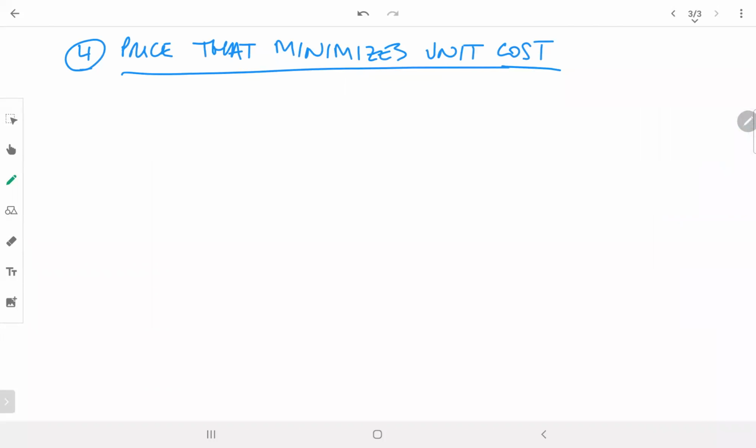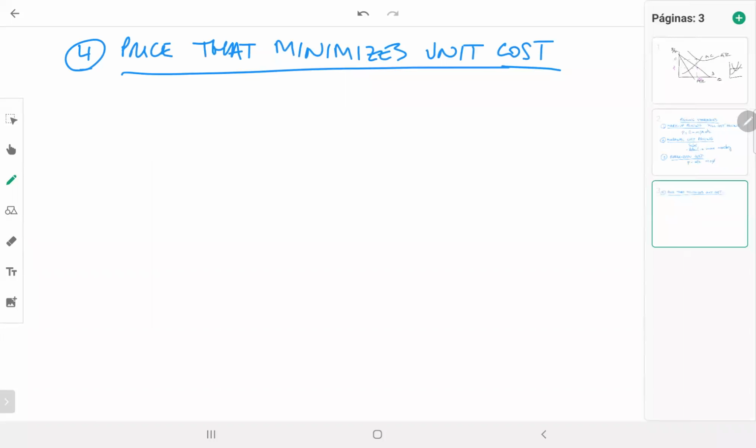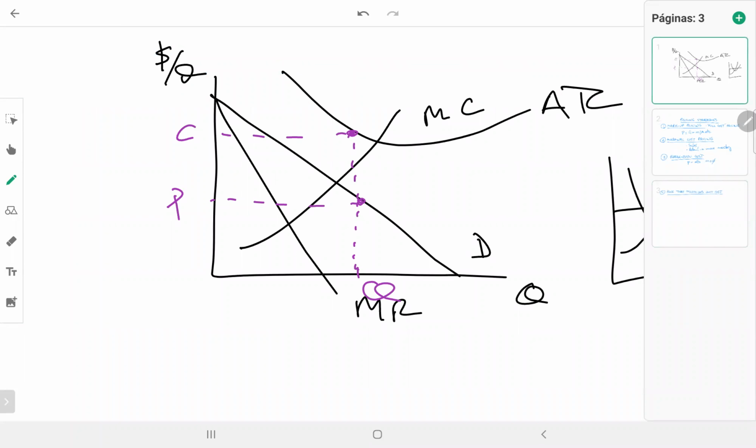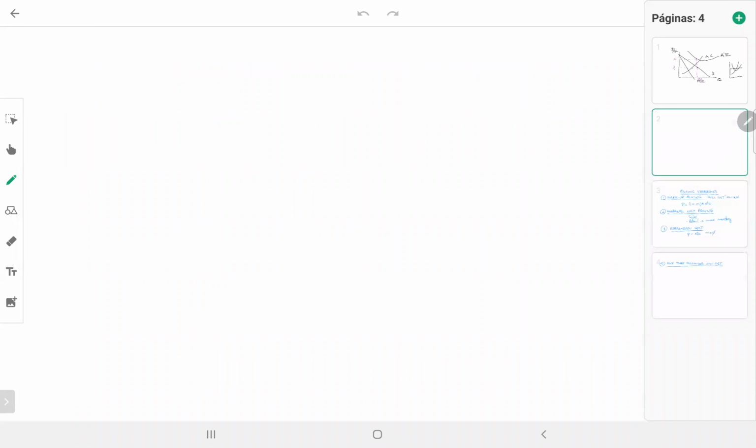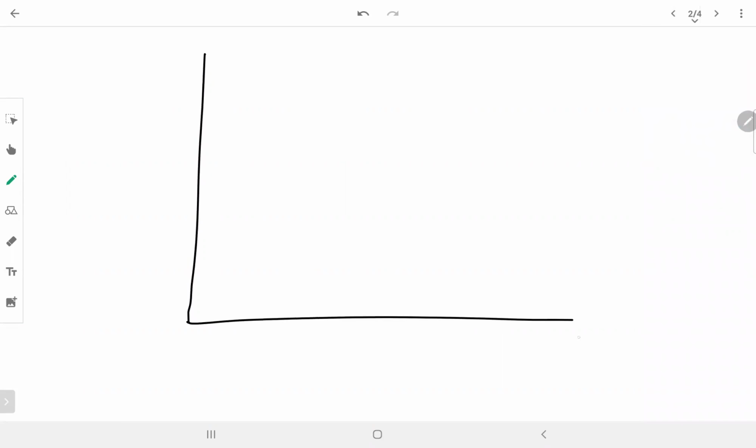Where do we minimize the unit cost? You know what I'm going to do? I'm going to insert another one there. I'm going to do a proper firm level diagram because we're going to be coming back to it fairly often. I want to do one where we're not losing money.